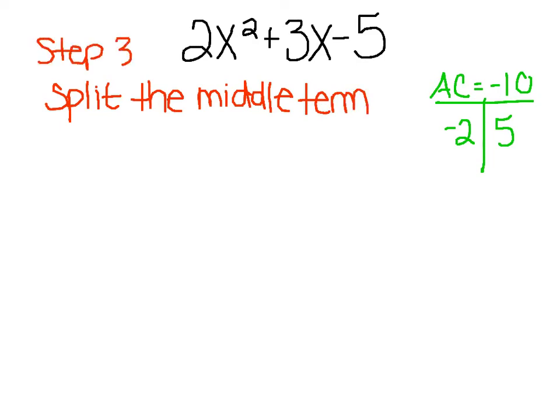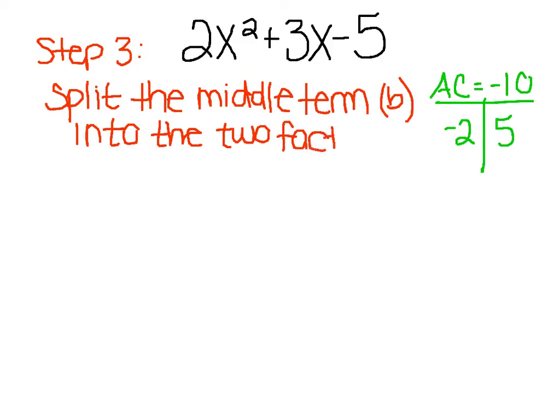Sorry, step 3: split the middle term, split b into the two factors. What this means is that rather than having 2x squared plus 3x minus 5, we're going to take our 3x and make it negative 2x plus 5x.